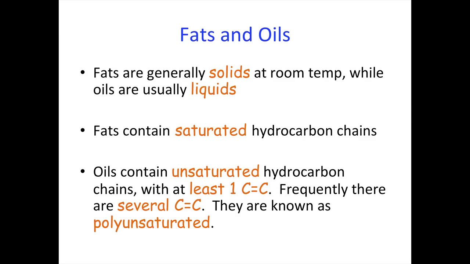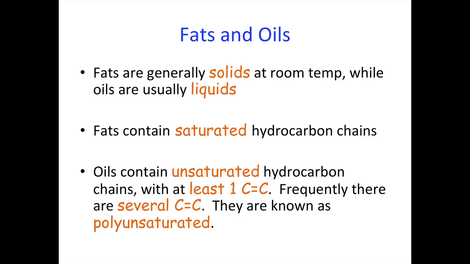Fats are generally solids at room temperature, while oils are usually liquids. And we'll see later on that has to do with the type of hydrocarbon chains that these things contain, saturated versus unsaturated.